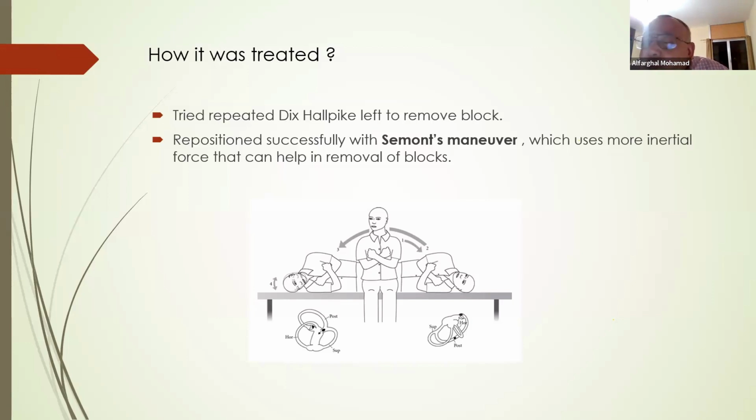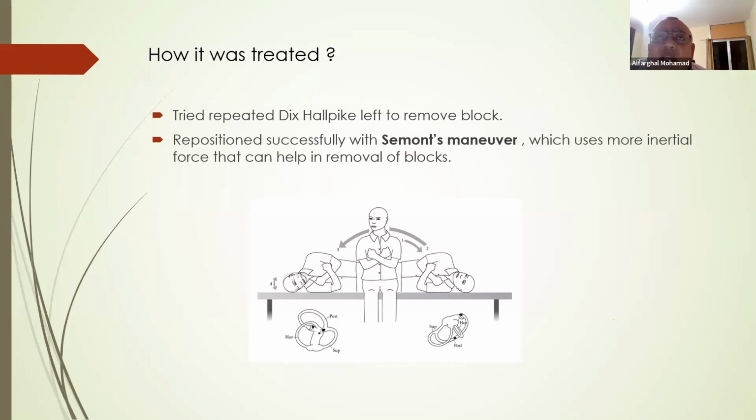That's called the half Dix-Hallpike, and it better shows the nystagmus if there is cupulolysis or canal-utricular side cupulolysis. So the utricular side can also explain this kind of setting-up vertigo.